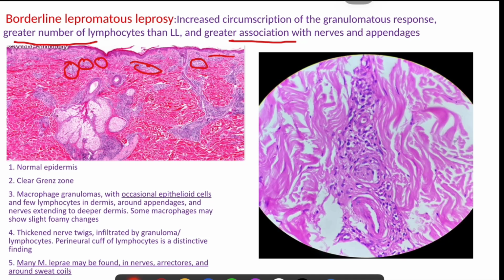So normal epidermis, here a clear grenz zone is present. There are occasional epithelioid cells. Then you can identify this nerve twig and this perineural and perivascular collection of lymphocytes, and many M. leprae may be found.